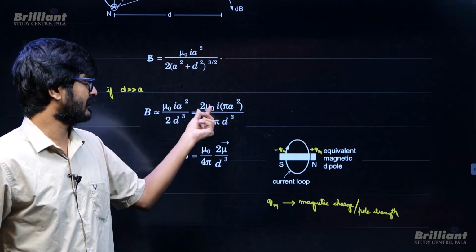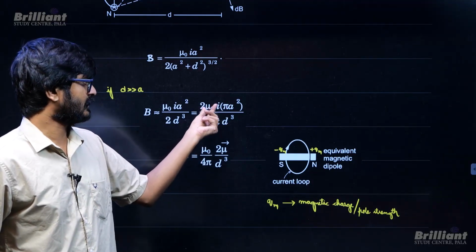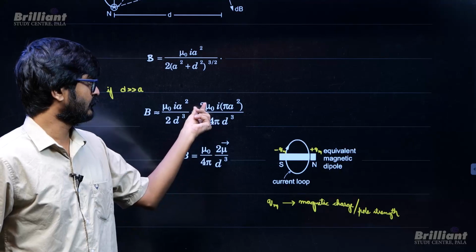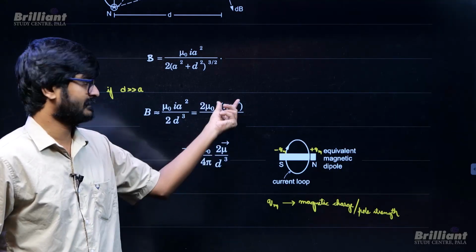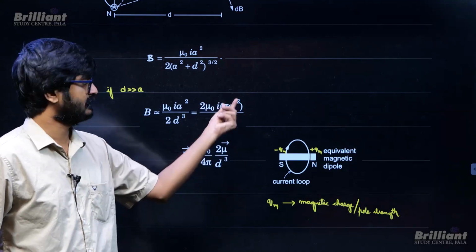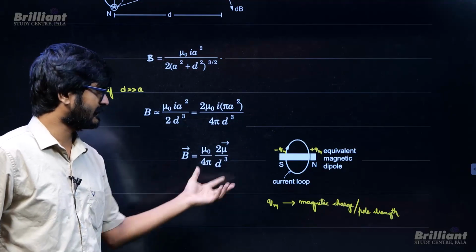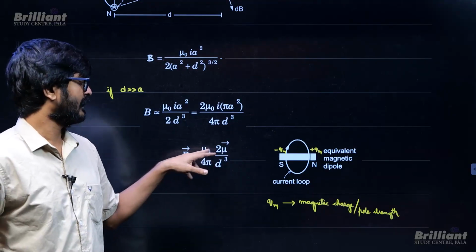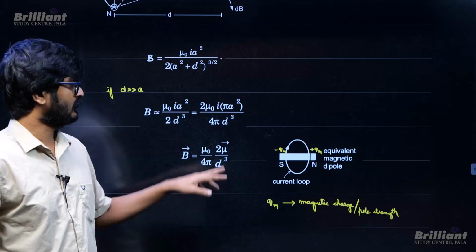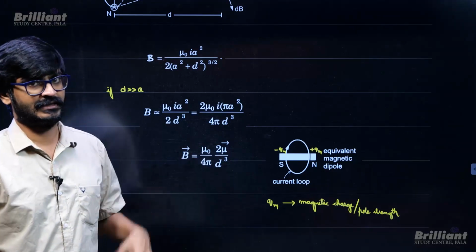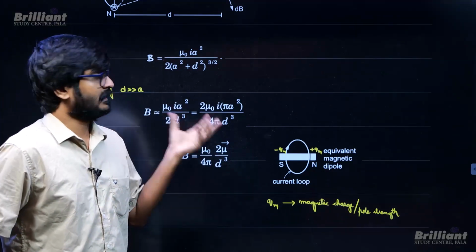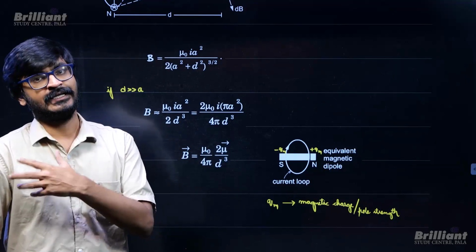So this equation looks like mu naught by 4 pi into 2 into mu, that is the magnetic moment, m according to us, by d cube. So this looks exactly like 2 kp by r cube, like the field due to a dipole in electrostatics.